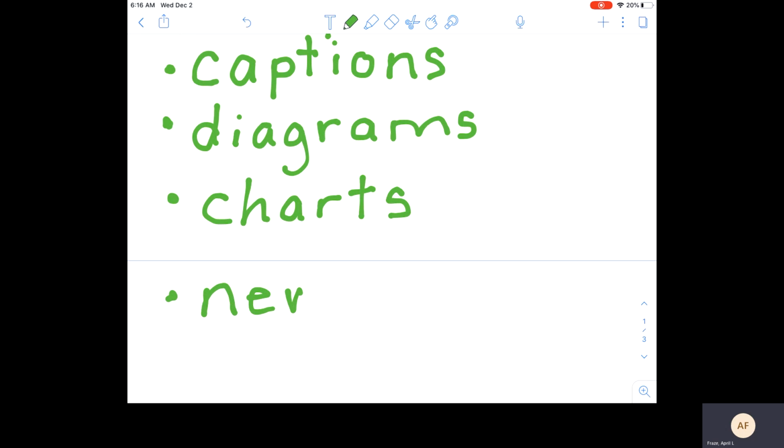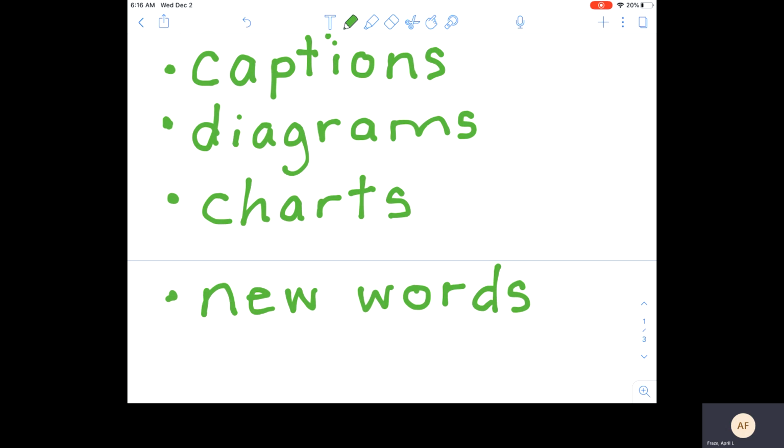New words. When you study something and you study it really well, you often learn new words that are associated with what you are studying. So if you are reading a book about sharks, it might have a new word, dorsal fin.